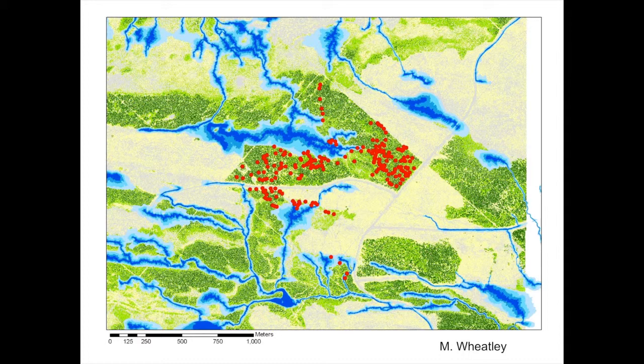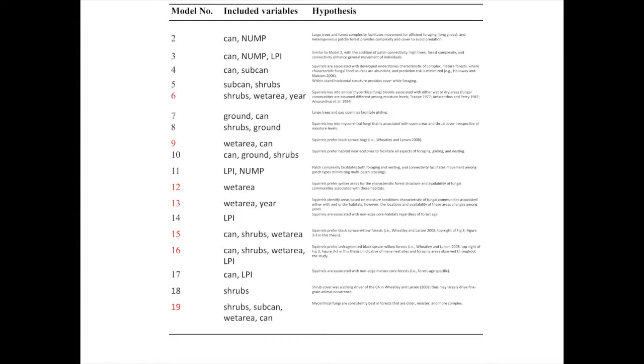They are staying in the drier areas of the forest. Matthew took those type of data, threw them into a model, and was then able to predict where the flying squirrels were and were not occurring on the landscape. So again, information that was helping inform the habitat of this particular species.